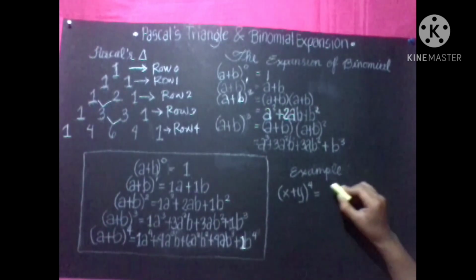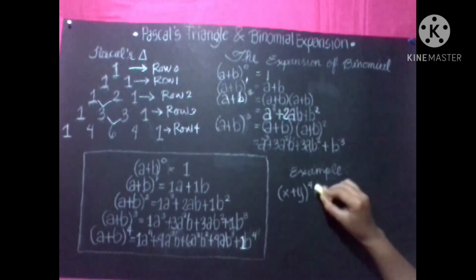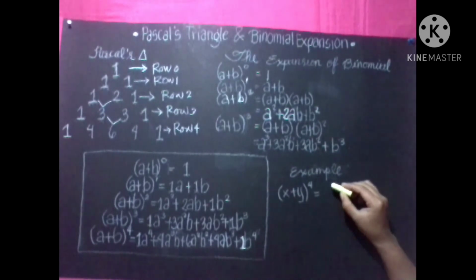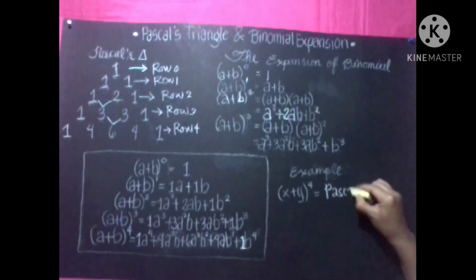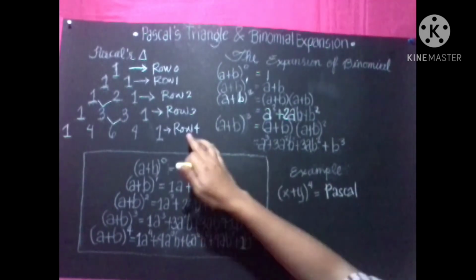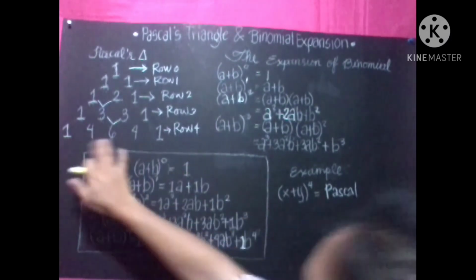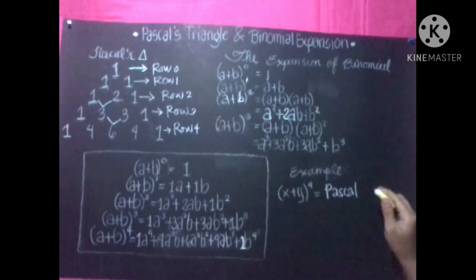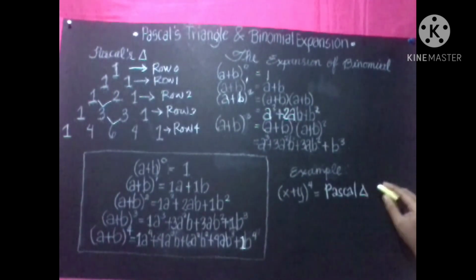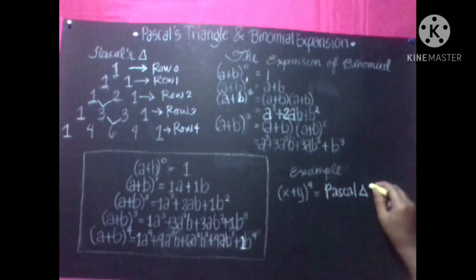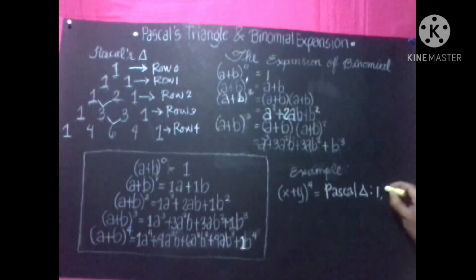The first thing to do is to put x first with the exponent of 4. But I recommend using Pascal's triangle, the 4th power, which is row 4. We have to use these coefficients from Pascal's triangle: the 1, the 4, the 6, the 4, and the 1.